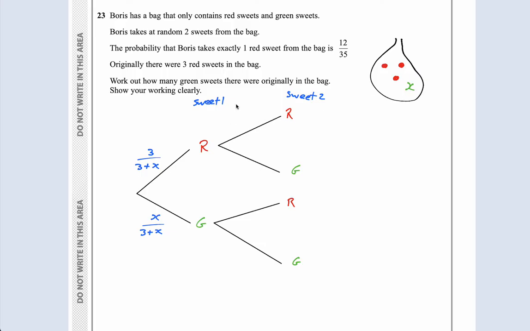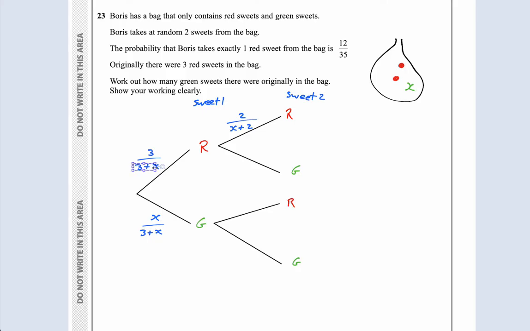Okay, this is the tricky bit. If I take out a red, how many reds are left? 2. And how many in total are left? Imagine I take out a red. Well, in total, there is x plus 2. Maybe I should have called that x plus 3, but maybe I'll do that right now.